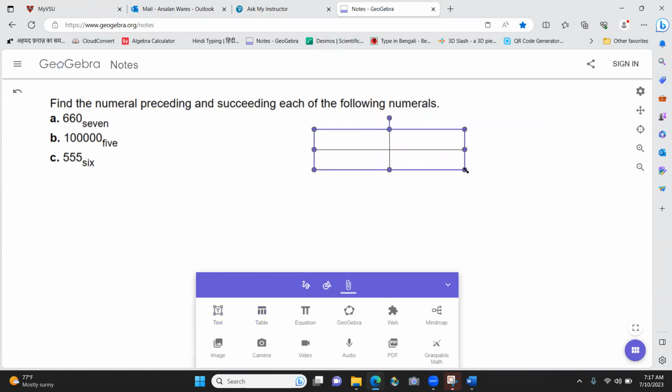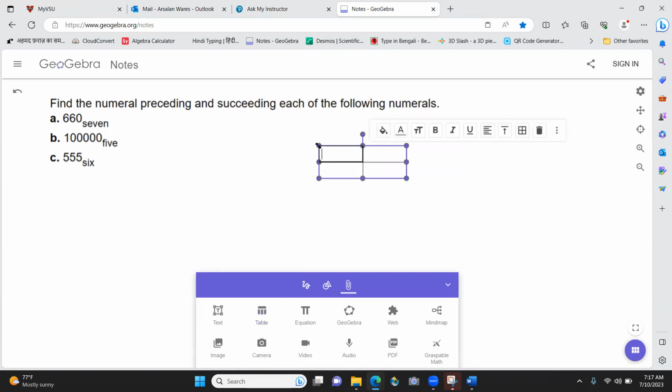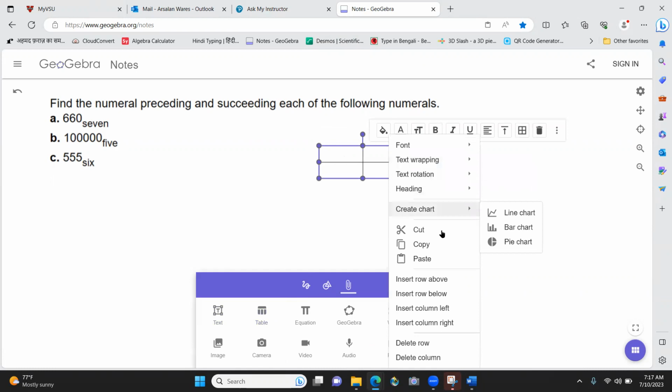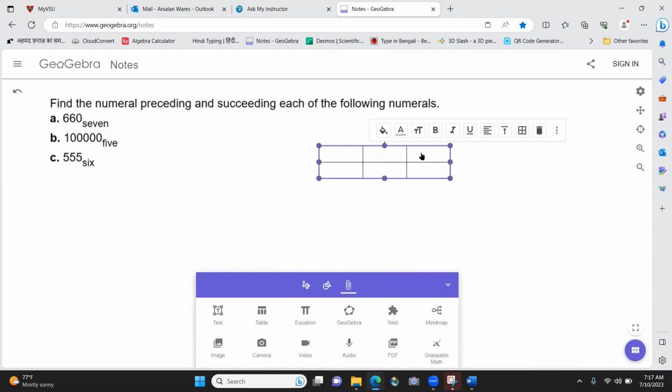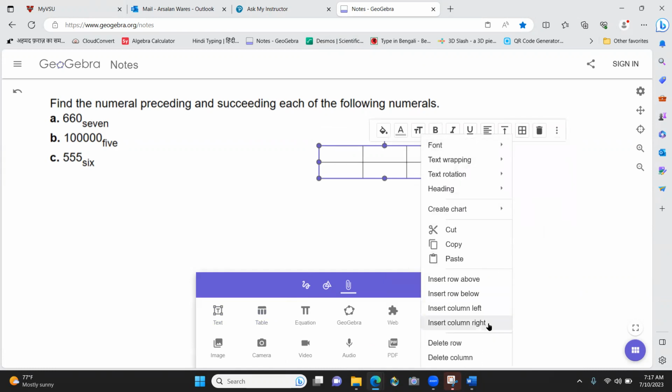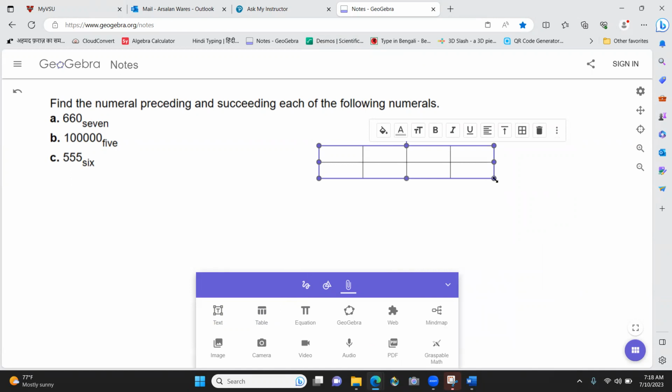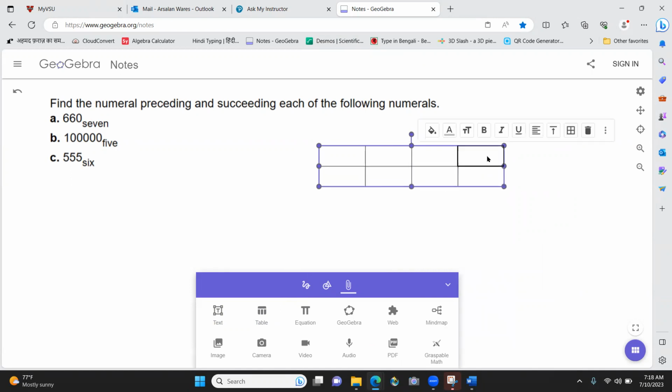We're in base 7. We're doing A. I have 3 digits. Let me make 4 boxes in case I go to the next one. The first placeholder holds ones. The next one holds 7.